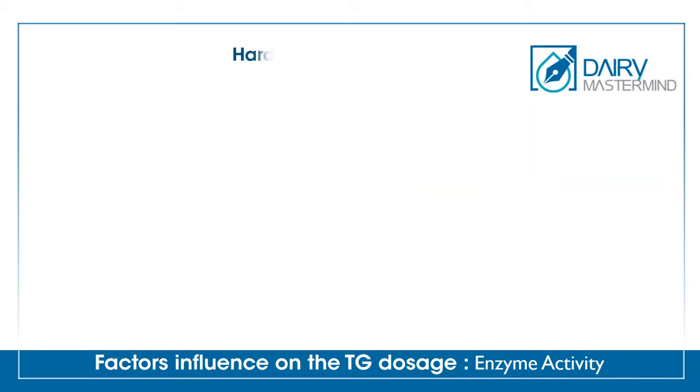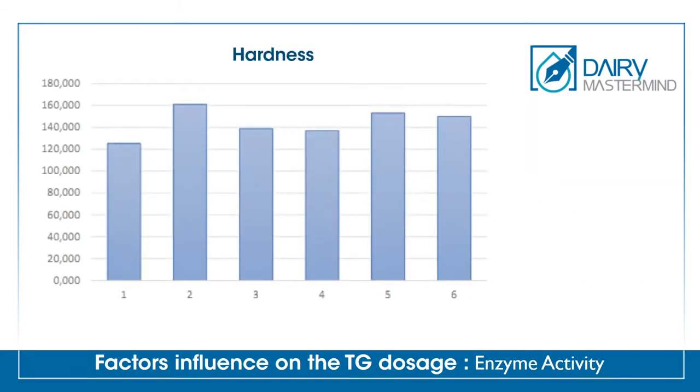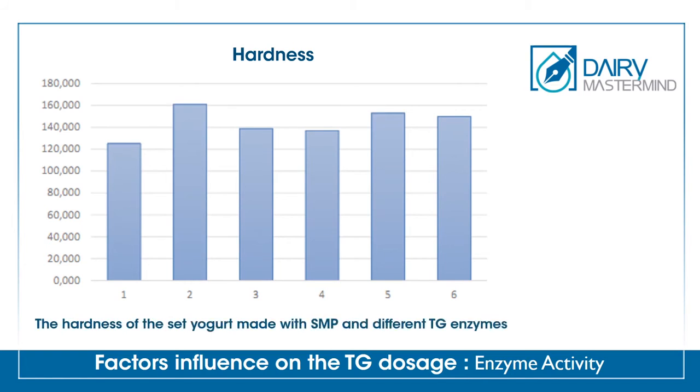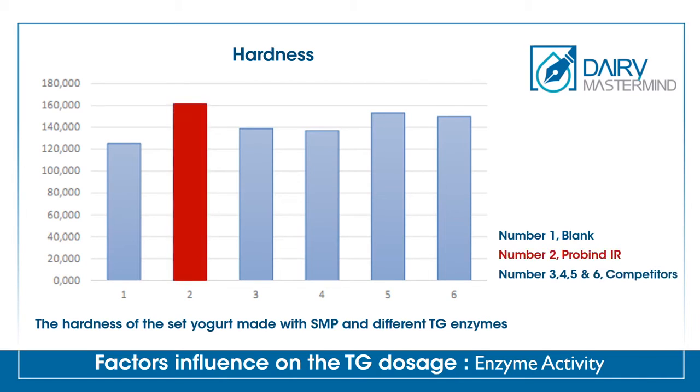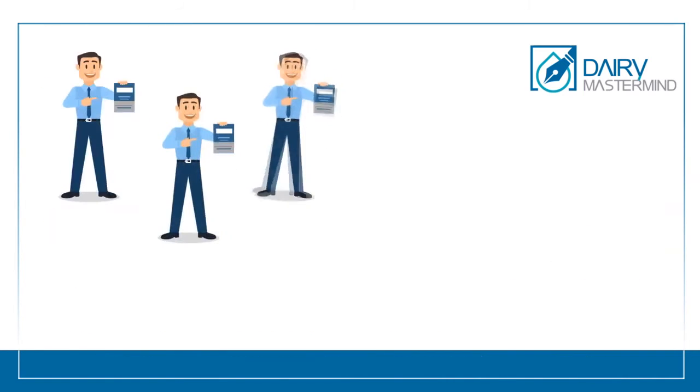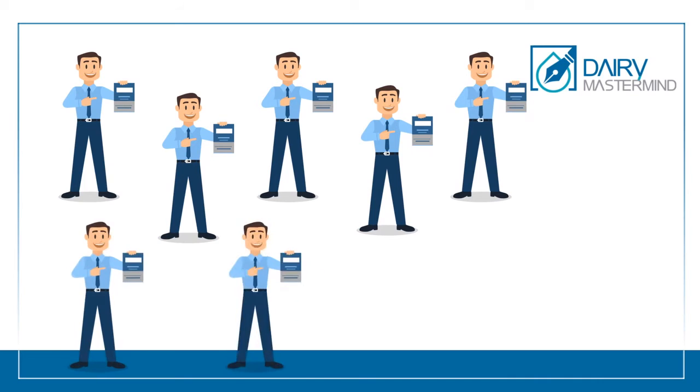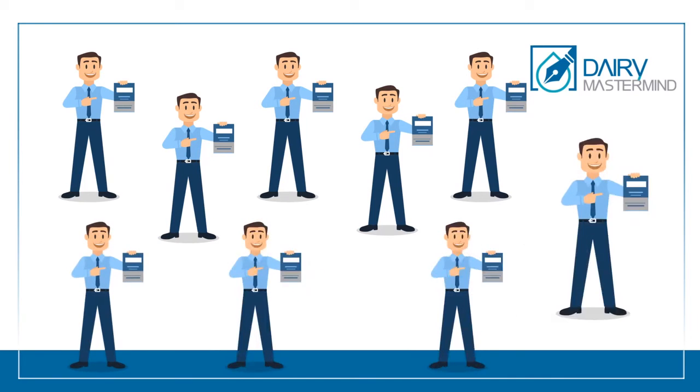It is important to mention the TG enzyme purity, activity, the type and amount of carrier, the manner of mixing and packaging cause differences among different brands and makes a difference in the texture of the final product. So choosing the right supplier can be extremely important and a key factor.